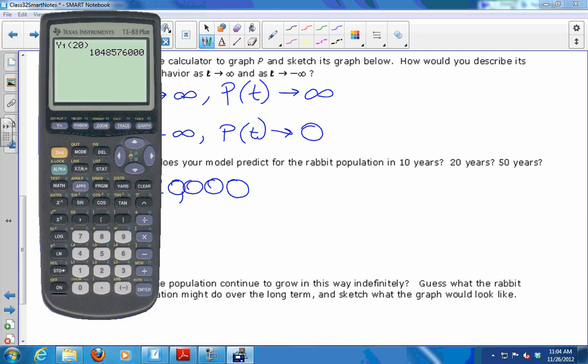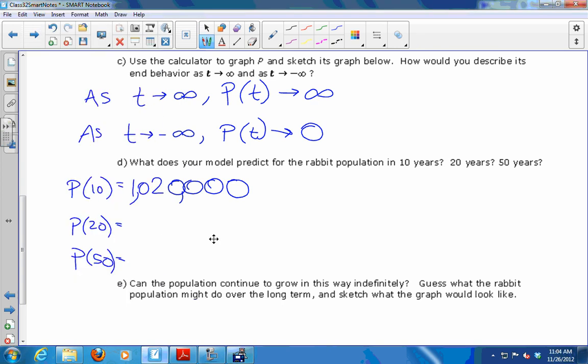So I get 1,048,576,000 rabbits after 20 years.